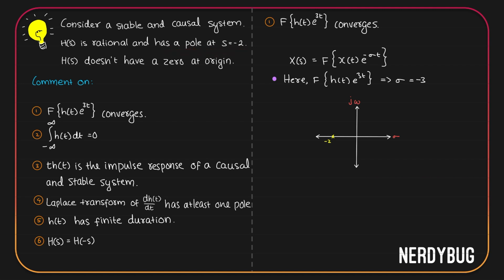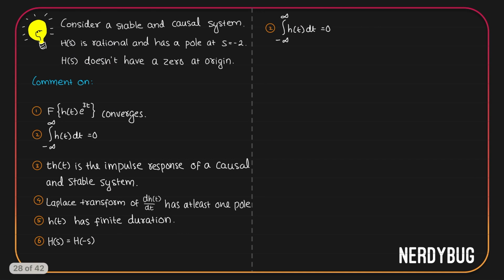It can have other poles also. But as long as there is a pole at -2, ROC cannot be anywhere towards the left of it. Which means sigma equal to -3 is not included in the ROC of h of s. Therefore, the Fourier transform of h of t e raised to 3t will not converge. The statement is false.